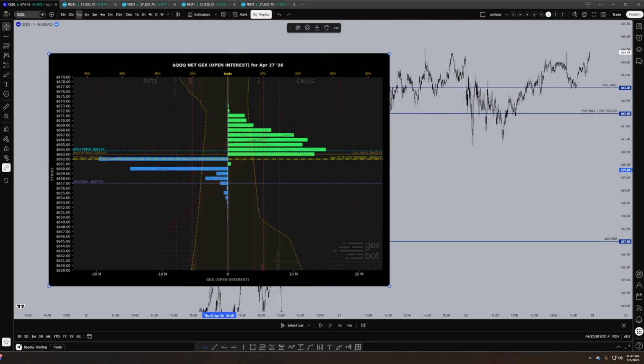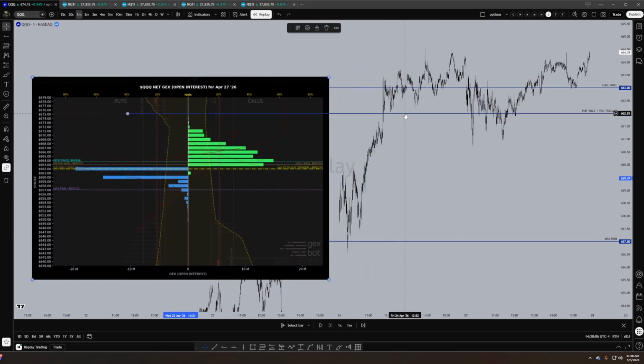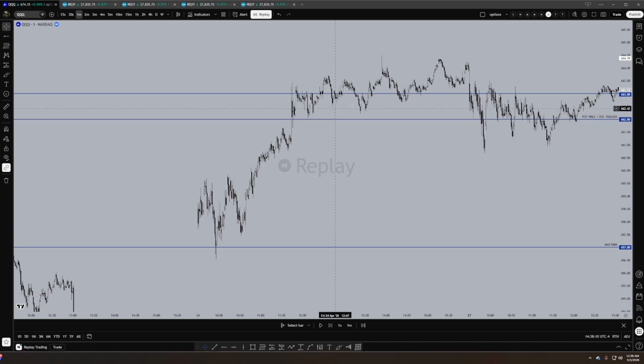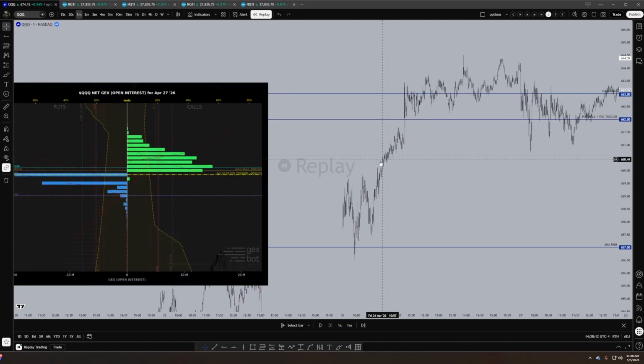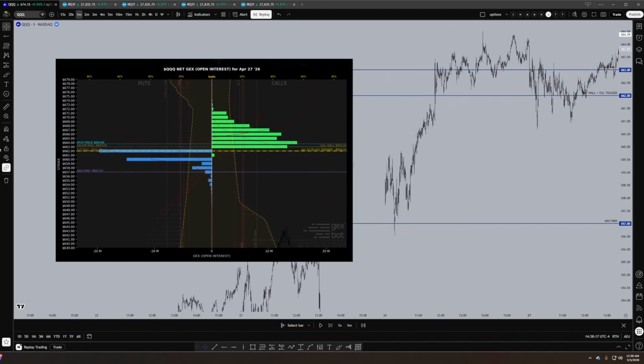Okay. Now, the volatility trigger is going to be important because this tells us where the market may shift regimes, right? If price is above the volatility trigger, the market may become more stable and controlled, which is exactly what we see here. As price comes above this, we get a rapid expansion above, and then we see pretty controlled, stable action following price being above that, right?